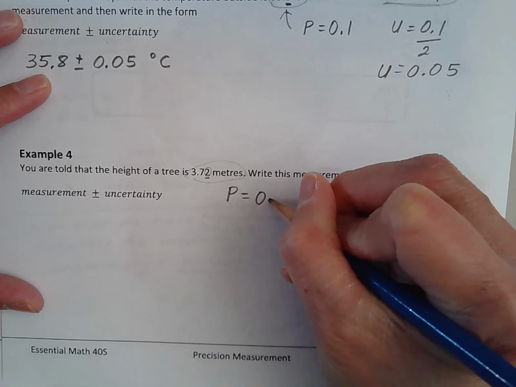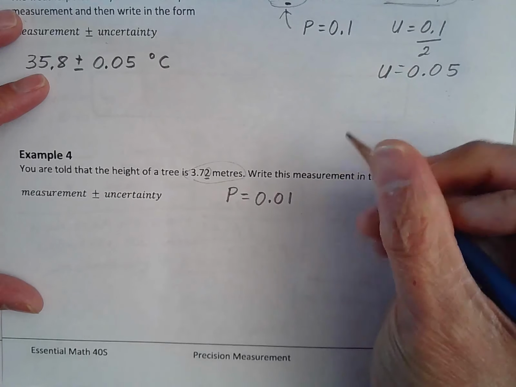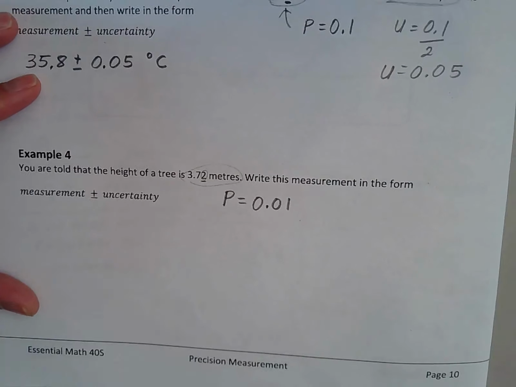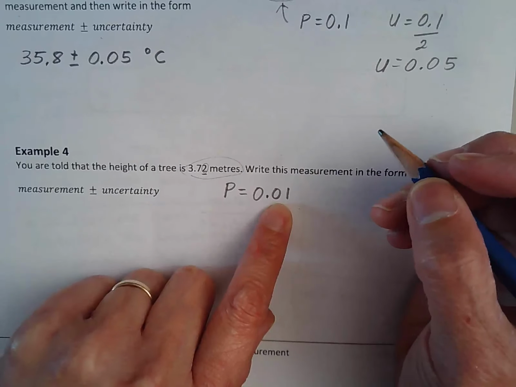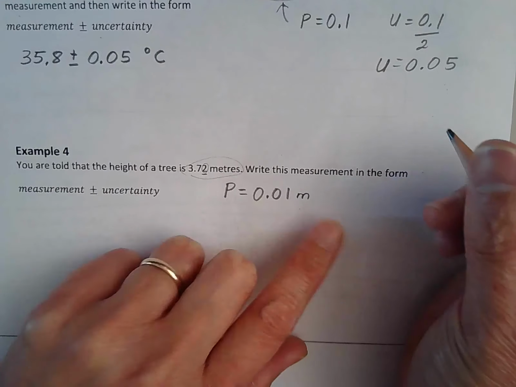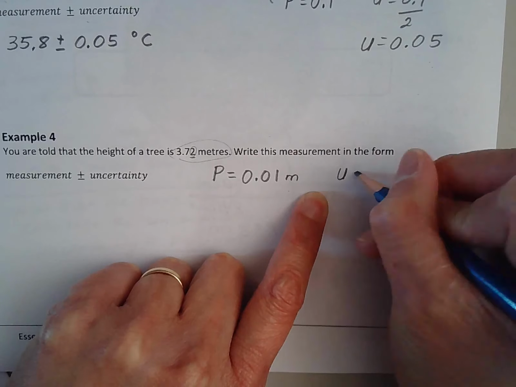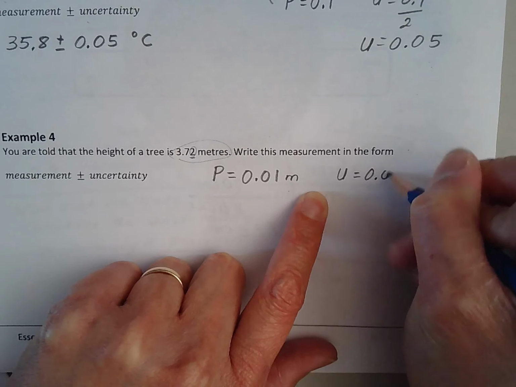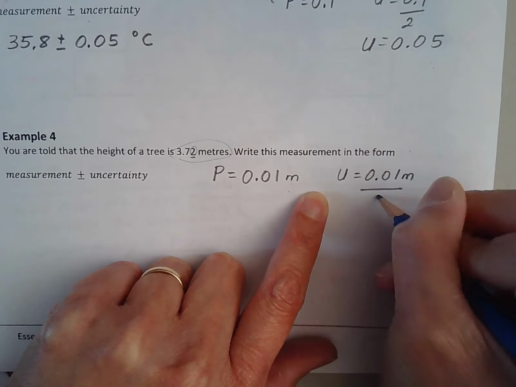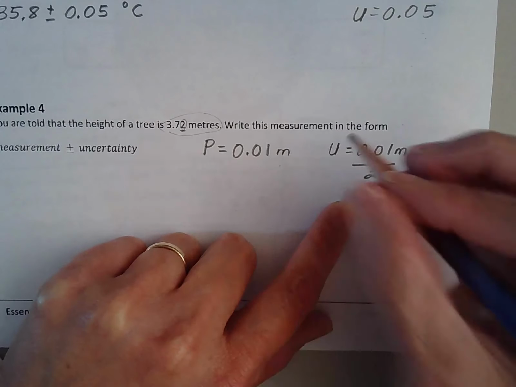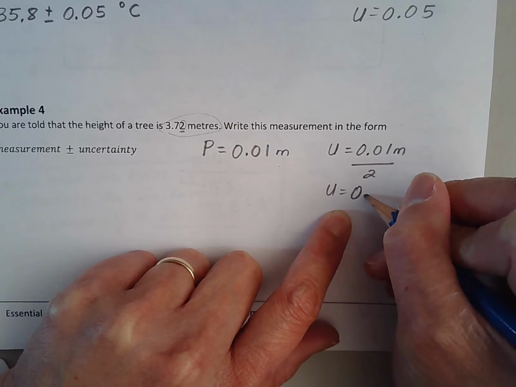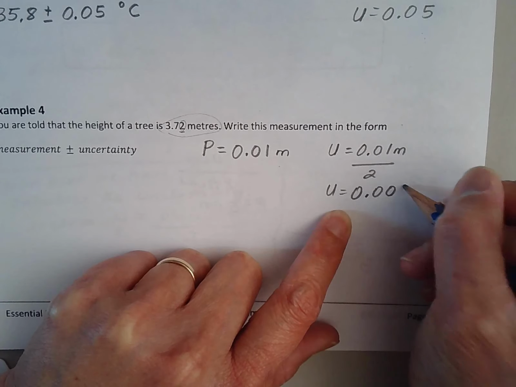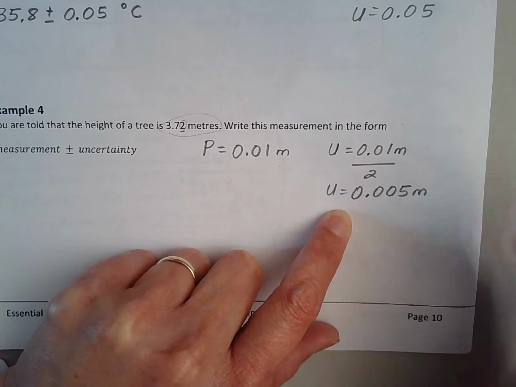So that's 0.01. If you count the next one, it would be 3.73. So 0.01 meters. So uncertainty is 0.01 meters divided by 2. If we divide that by 2, it's 0.005 meters.